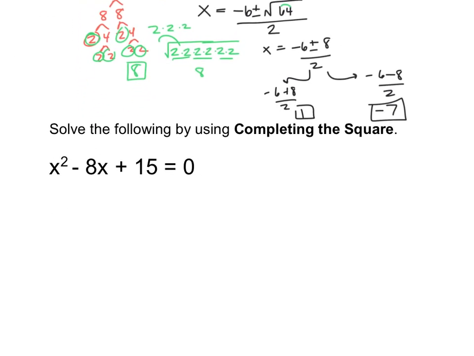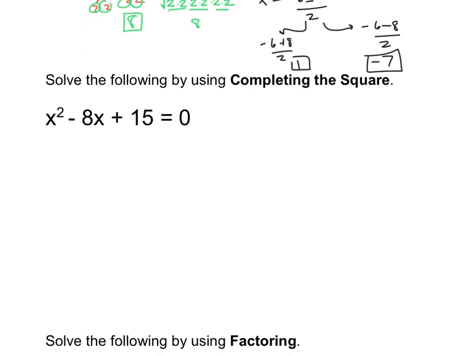Perfect. Now let's go on to our next example where we complete the square. Again, there is a whole video on the quadratic formula and a whole video on completing the square. With completing the square, the first thing we do is get all of our x's on one side. We have x squared minus 8x, so we have to get rid of this 15.